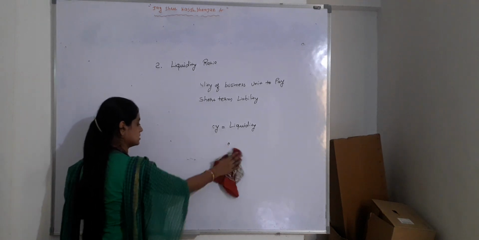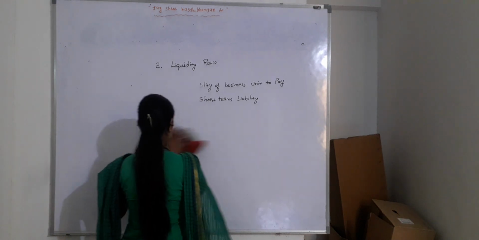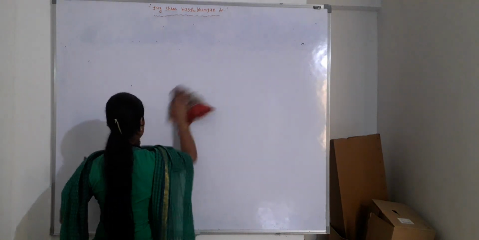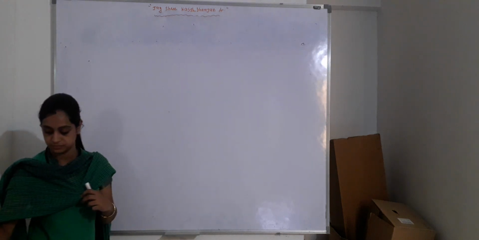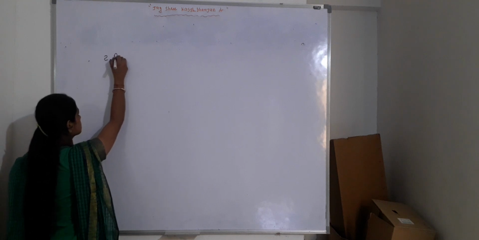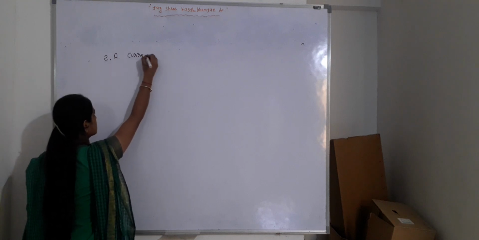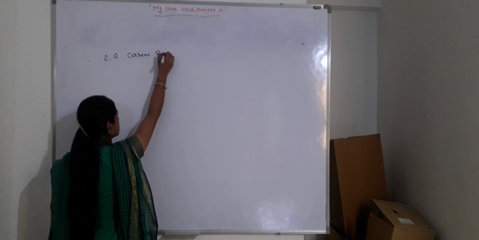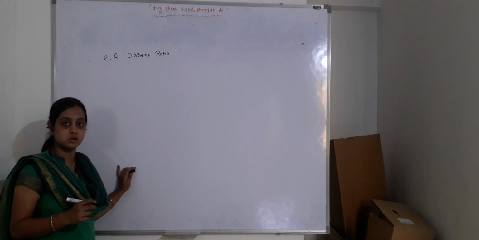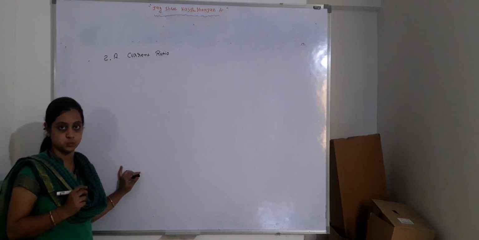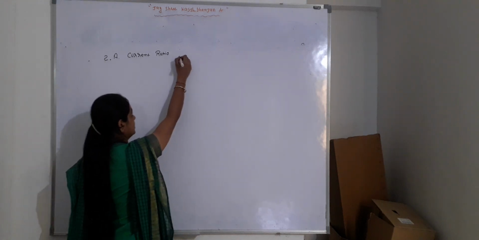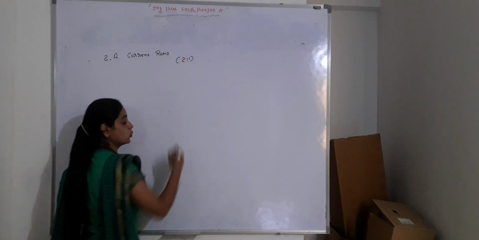Now let's discuss 2A, the current ratio. This ratio is shown in terms of proportion, that means is to. The ideal answer for current ratio is 2:1.